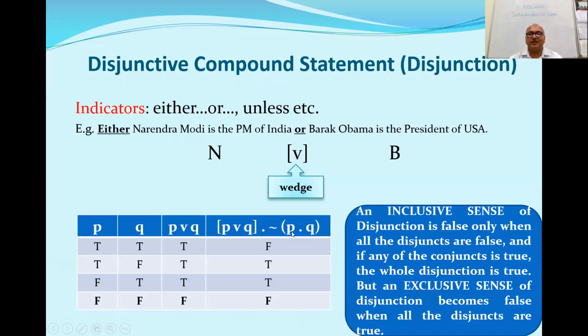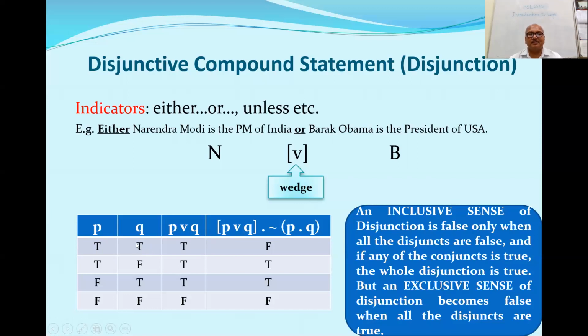You cannot take P and Q both. Now, if you calculate the value by writing the truth table, you will easily see that P wedge Q is true here, and P dot Q will be true because this is true and this is true.